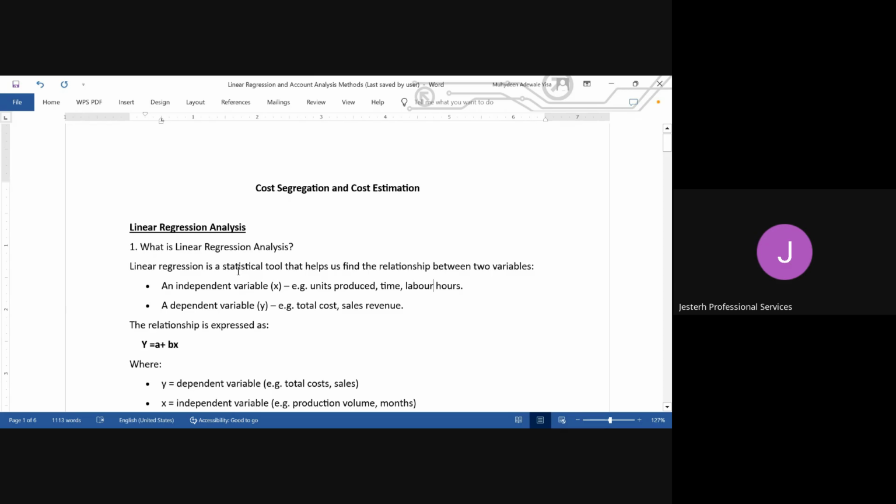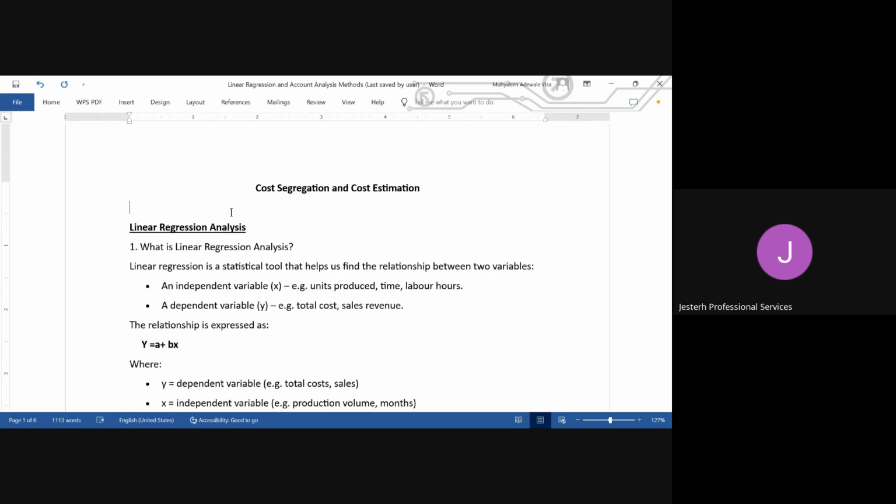And in costs, we want to make use of linear regression in cost estimation, to determine the cost function.